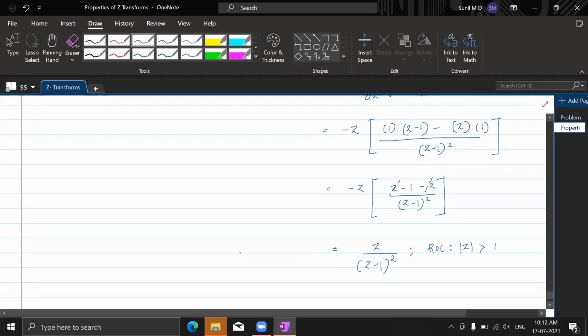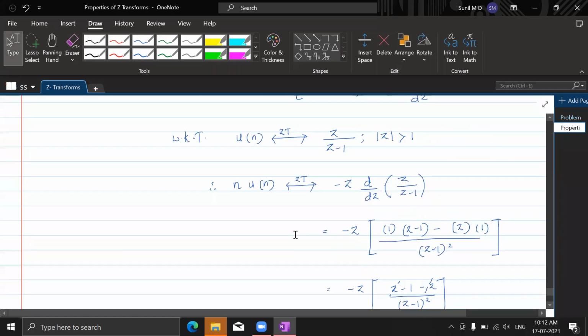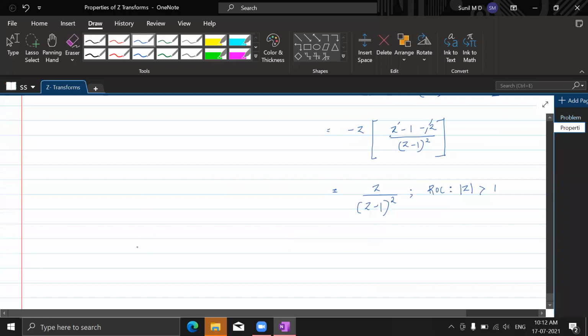So what is this? This is what it is. Okay. So how should we conclude that? Therefore z transform of n u of n is z by z minus 1 square with ROC z greater than 1.